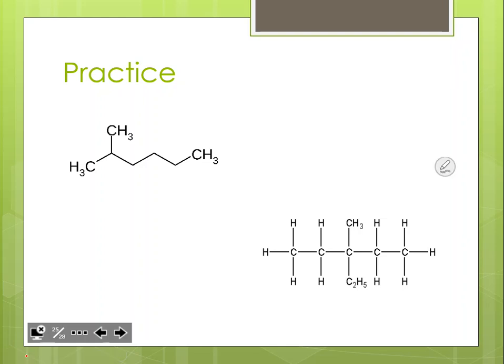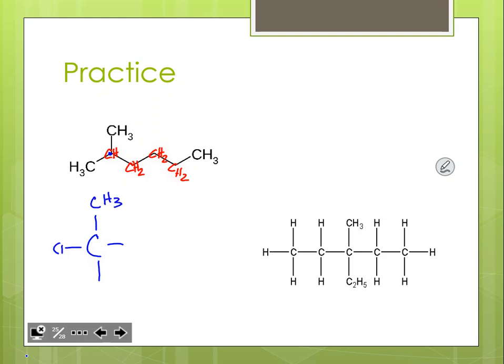What it really means is that every corner is a C. Every part of the zigzag is a C. So this right here in the middle, though, is going to just be a CH, and I'm going to tell you why. If you look at the way that these are bonded, remember carbon does 4 bonds, correct? Carbon does 4 bonds. So if we're looking here at this particular point on it, that carbon is attached to a methyl group up here.